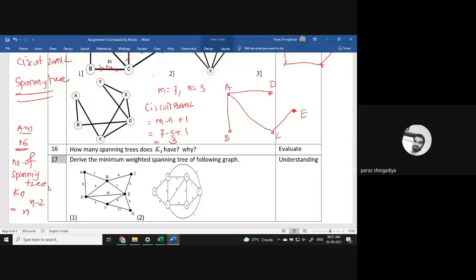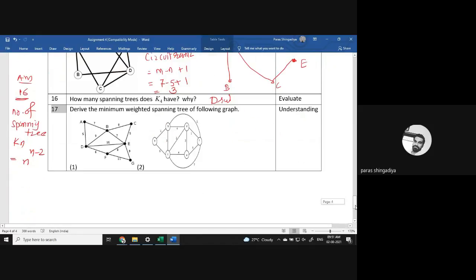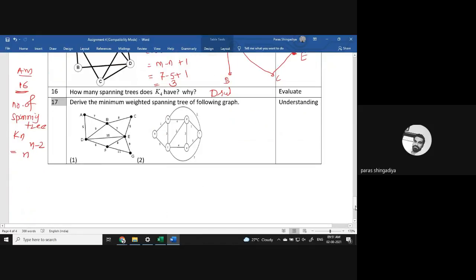So that is a formula to verify your answer in Kn. And you also have to draw all these 16 spanning trees. यहाँ पे आपको draw भी करना है. That we have already given in the lecture slides. And then question number 17, here you have to apply the Kruskal algorithm.